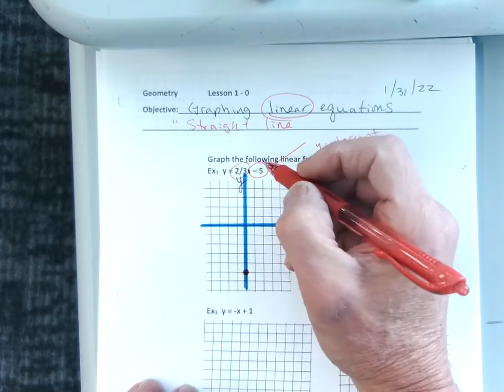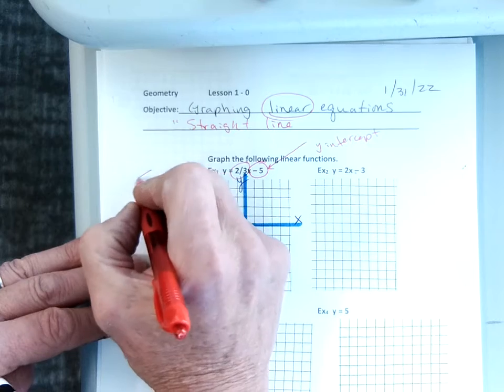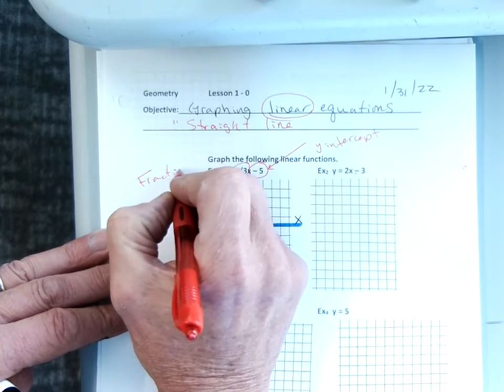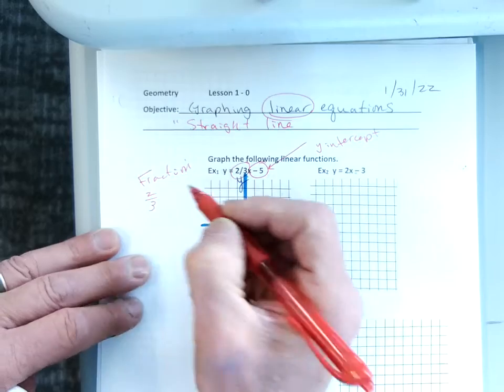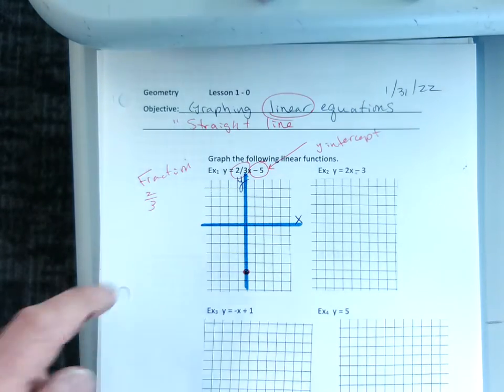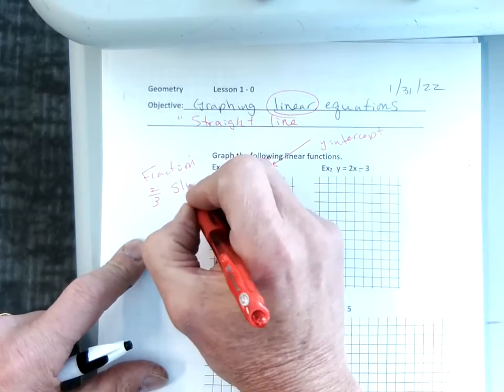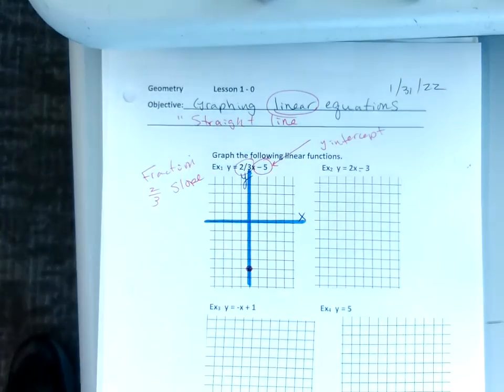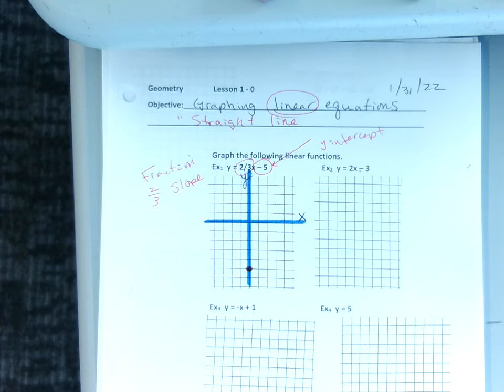This number here needs to be a fraction. If it's not a fraction, we can make it a fraction, okay? And it is a fraction because this number right here is called the slope. So we're going to start here, and we're going to walk up 2 over 3, because slope is rise and run.